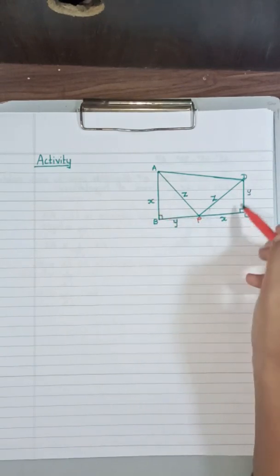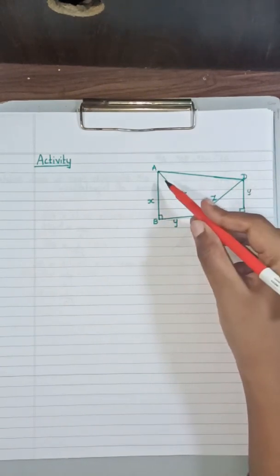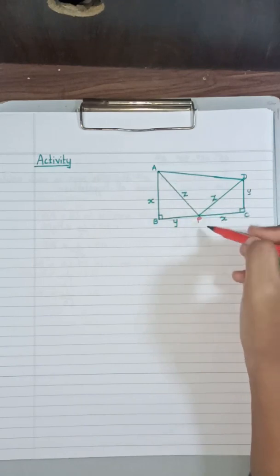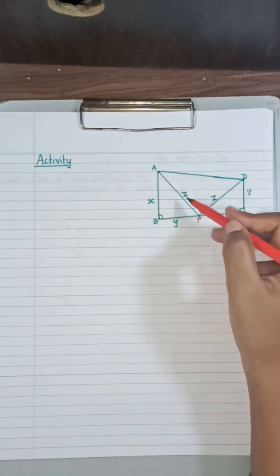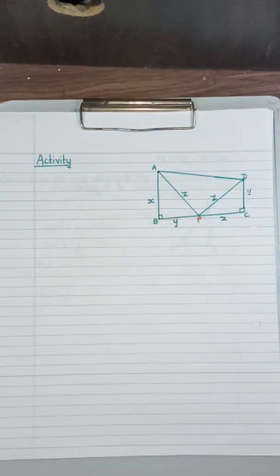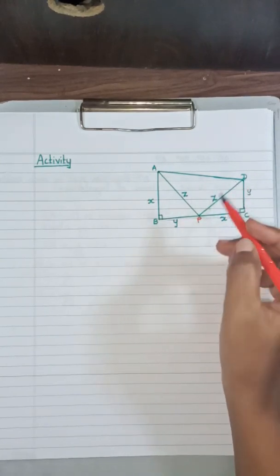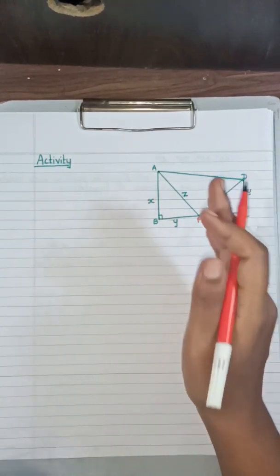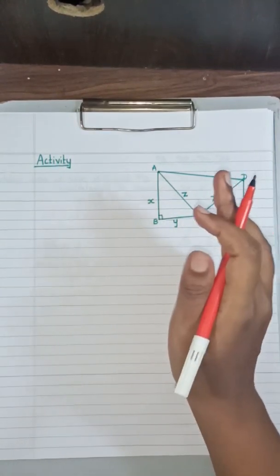One more triangle is taken, that is triangle APD, formed by joining the hypotenuses of both the triangles. By equating the area of the trapezium with the sum of the areas of the three right angle triangles, we can prove the Pythagoras theorem over here.